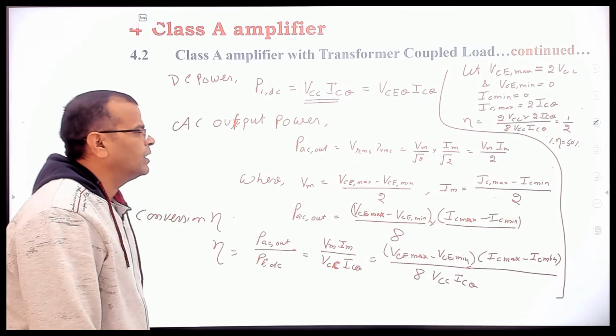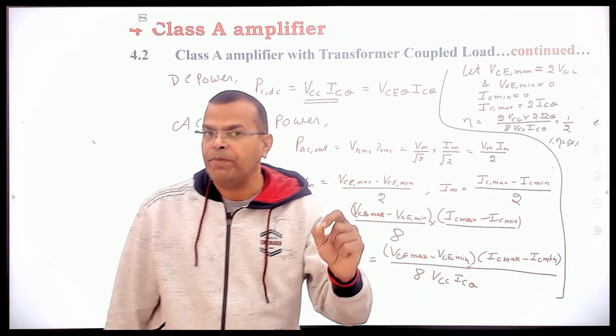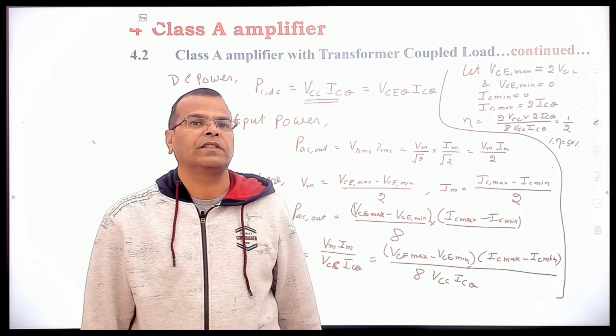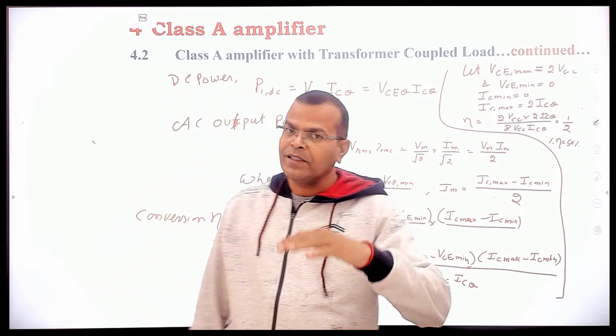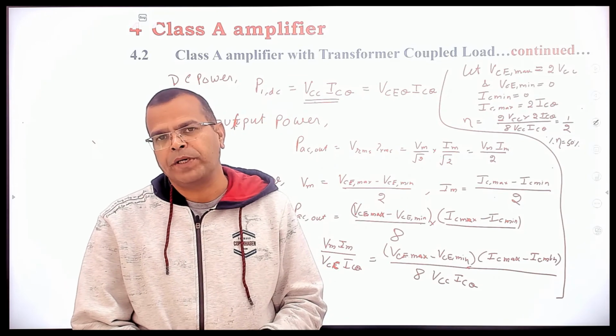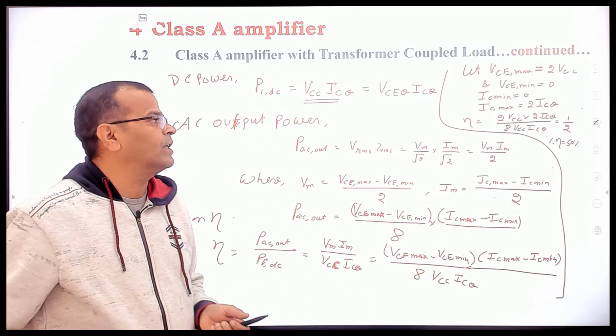That's what I'm trying to say. So the maximum efficiency of class A amplifier with the transformer coupling is 50%. So efficiency has just doubled in comparison to a direct coupled amplifier, but it has certain disadvantages and advantages.